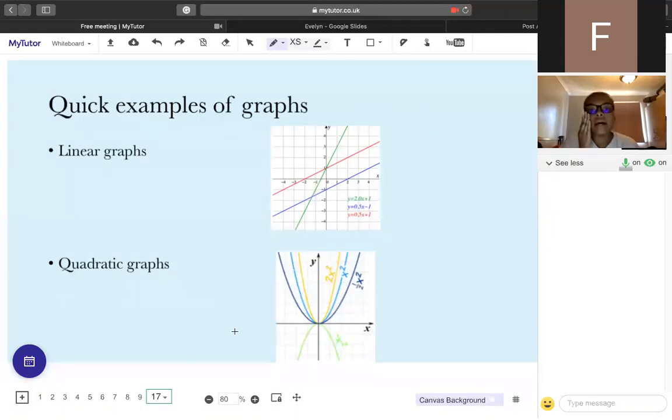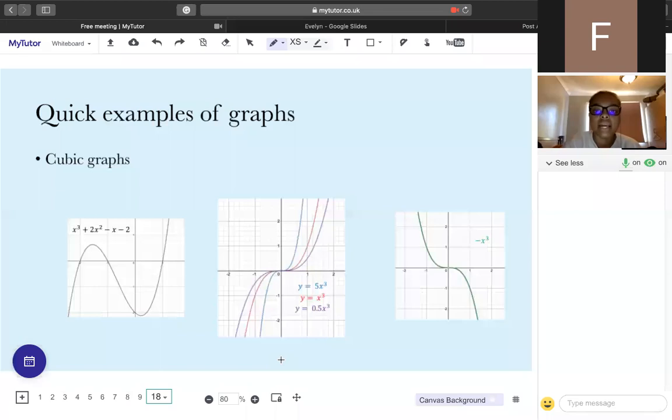So a quick recap on what all these graphs look like. Linear graphs, again, are straight lines. Those are quite easy to remember, because those ones are the ones which we use very often. Quadratic graphs are U-shapes, and then you have your cubic graphs. They could either look like the one on the left, the one in the middle, or the one on the right.